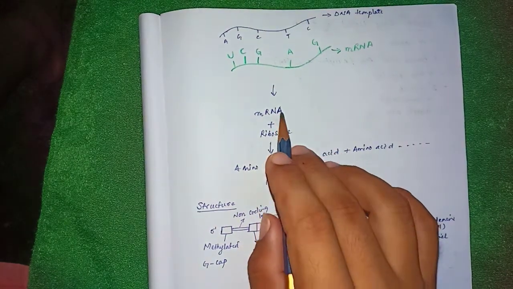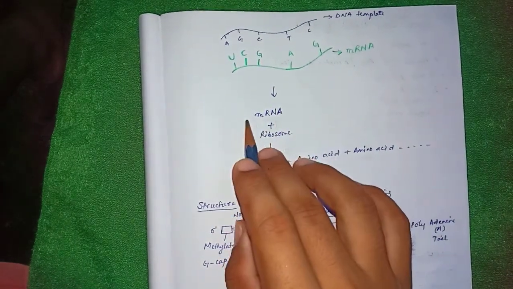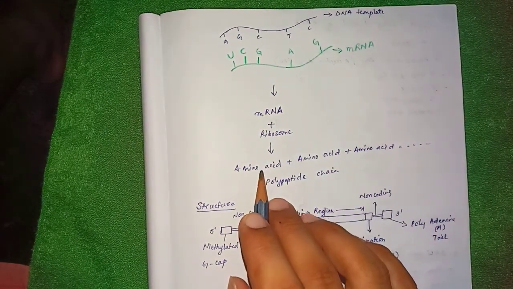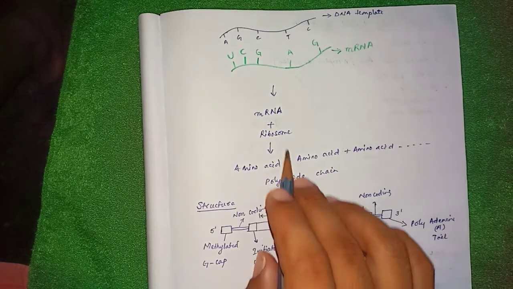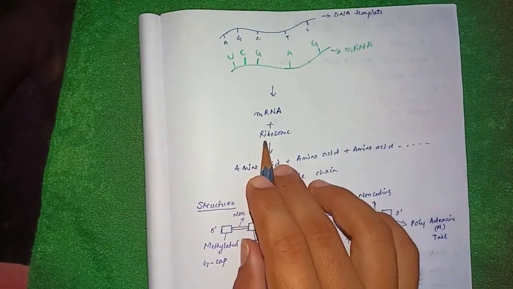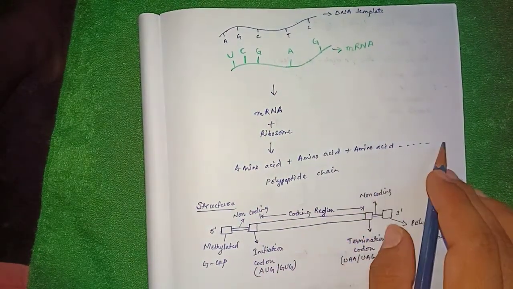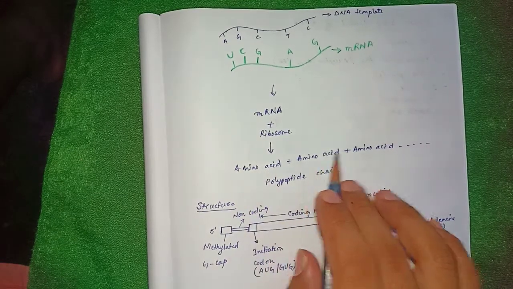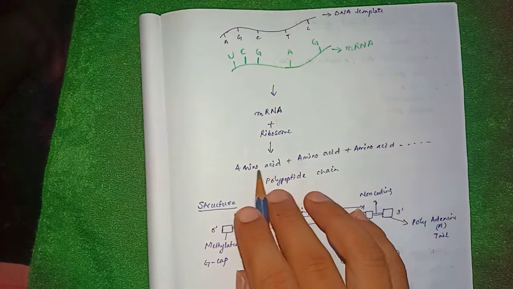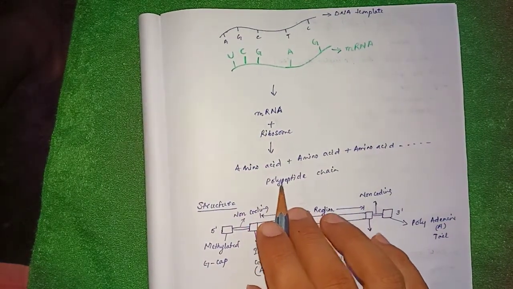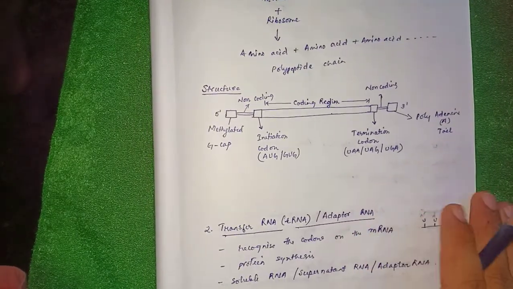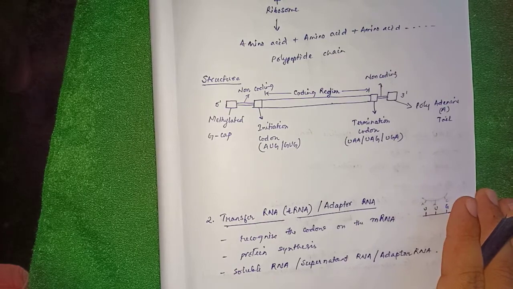The genetic information that is copied or transcribed by this mRNA will be converted into specific amino acids by these ribosomes, and many amino acids will be formed. When several types of amino acids are joined together, they give rise to what is called the polypeptide chain. Peptide here refers to amino acid, and poly here refers to many. So many amino acids.